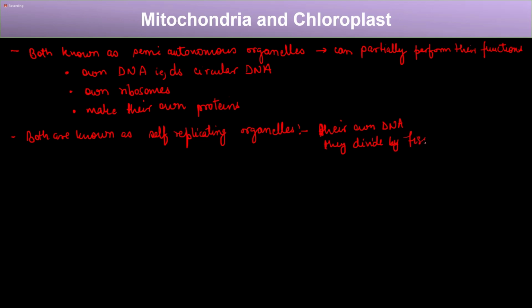So fission is a process in which there is one cell and this cell then divides into two cells. So they divide by fission.